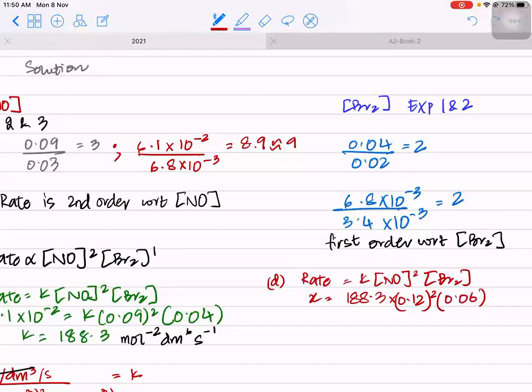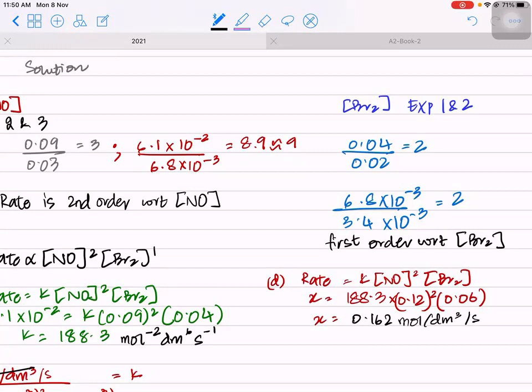And your rate comes out to be how much? The value of rate is? Can someone calculate it? X comes out to be how much? 0.16 mol per dm³ per second, because we know the units for rate are mol per dm³ per second.